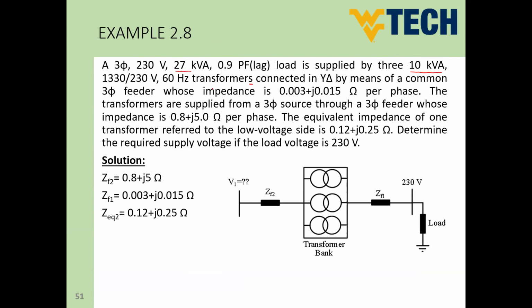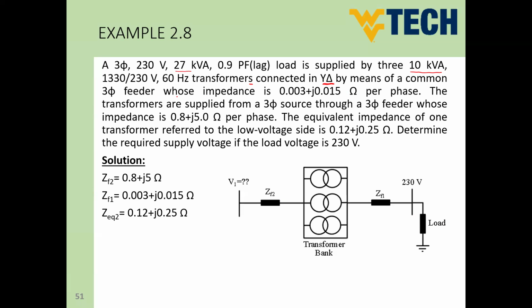He mentioned here, guys, these transformers are connected in Y delta. So the connection is going to be Y for the primary side and delta for the secondary side by means of a common three-phase feeder.